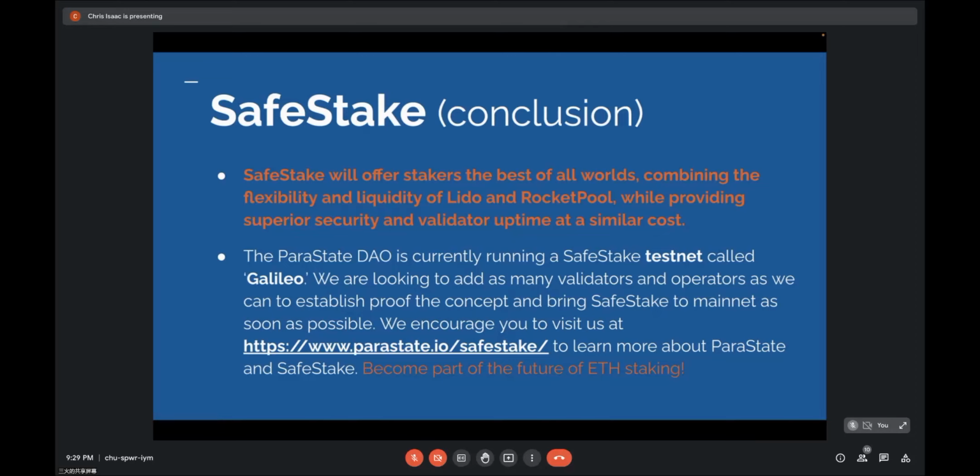We are encouraging everyone who's interested to go to this URL, our SafeStake project website, and find out how to join our testnet, either as a validator or an operator, and become part of the future of ETH staking.